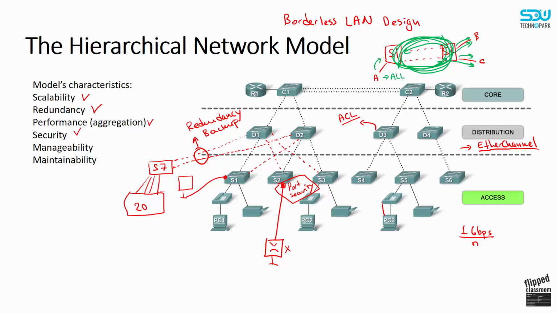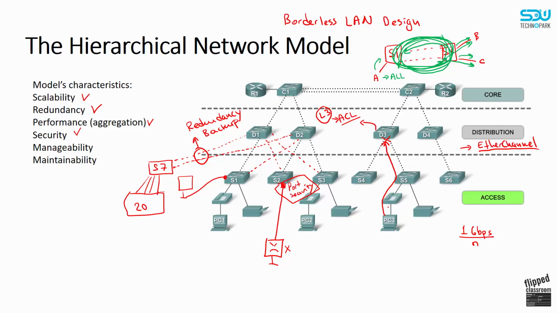When the frame comes to D3, the distribution layer switch can actually work as a layer 3 device, like a router, and make filtration. So if a request is directed to the internet, then D3 will deny this communication.